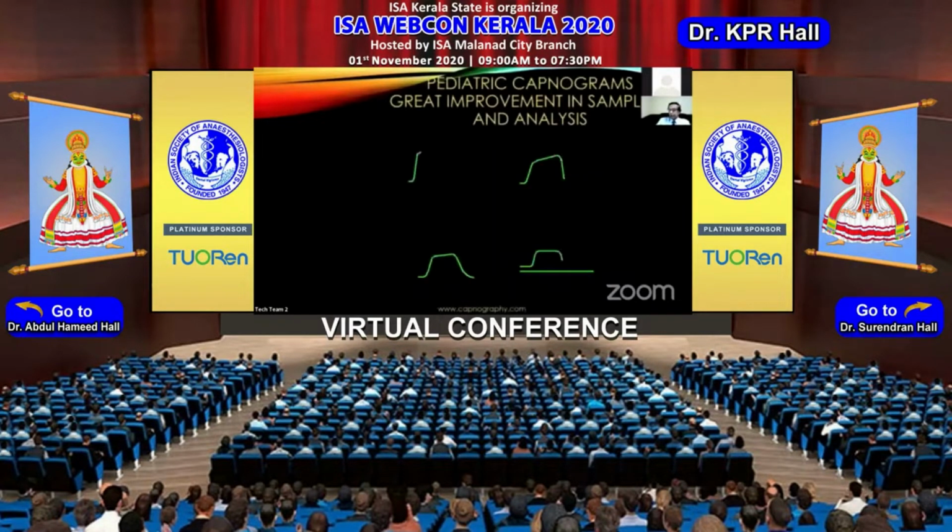Now, what about pediatric capnograms? Normally, you can get a variety of shapes of capnograms in the pediatric population, in infants and children. They may look like this, or like this.